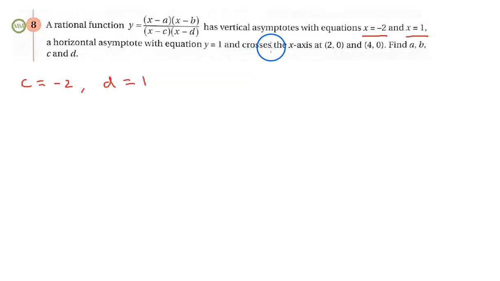And then we're also told it crosses the x-axis at (2, 0) and (4, 0). Well, if it crosses the x-axis, that's when y is equal to 0, and y equals 0 when the numerator equals 0. And so that means a equals 2 and b equals 4. And we're done with this question.